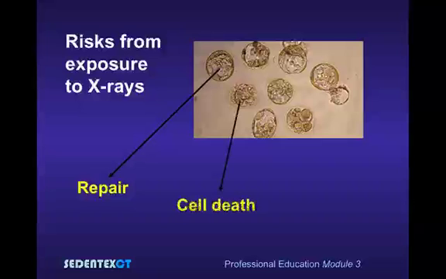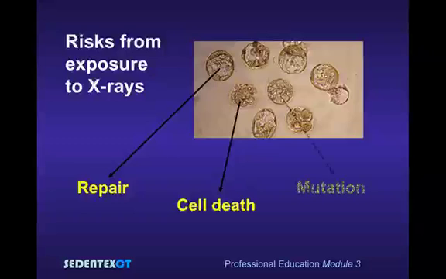If sufficient damage is made to the cell, then the cell could die. Now, if this is just a single cell in an organ, probably no clinical effects are likely to occur at all. Indeed, significant numbers of cells might die with no clinical effect. And we really only worry about cell death with extremely high doses of radiation.